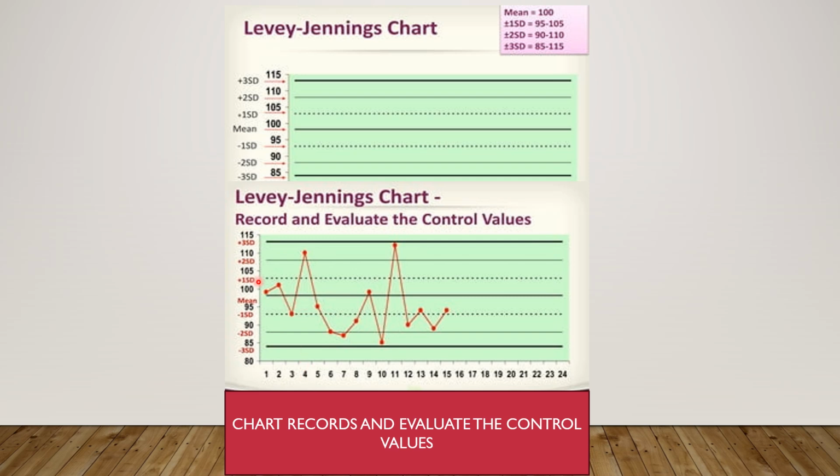Then on day three, it is deviating beyond +1 standard deviation, that is also within range. Then on day four, the data point is now above the +2 standard deviation point. So this is how the run is being done, and the data points are recorded and mentioned here on this chart.